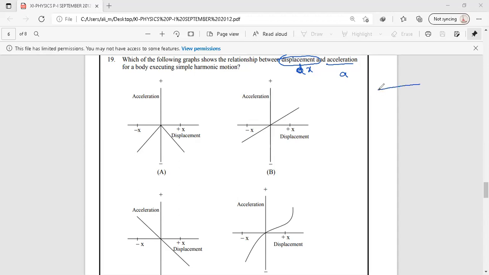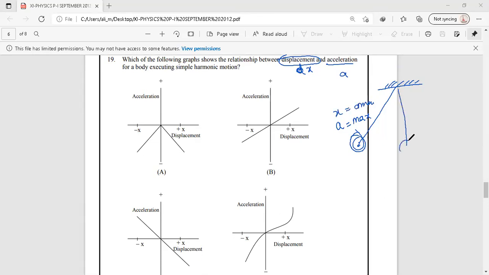So at maximum displacement, this is our maximum displacement, and at this point we know that acceleration is maximum. The acceleration is maximum while the displacement is also maximum.